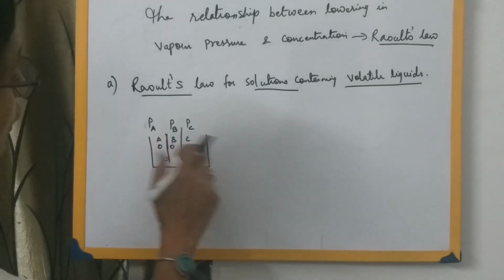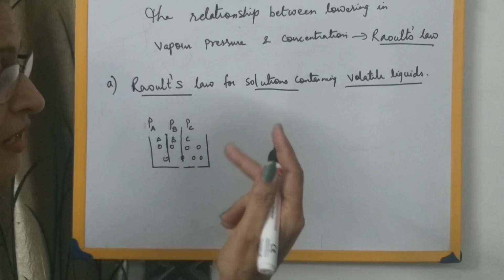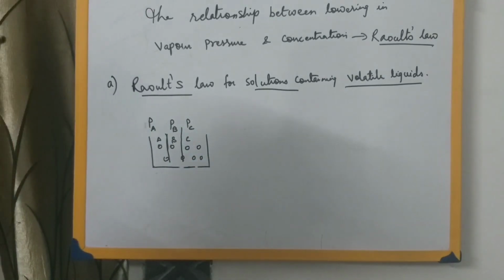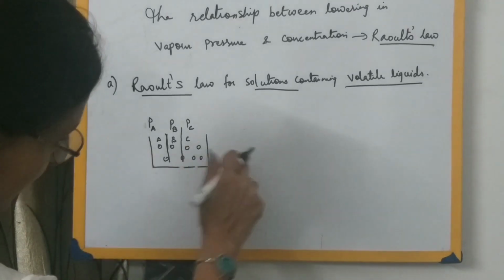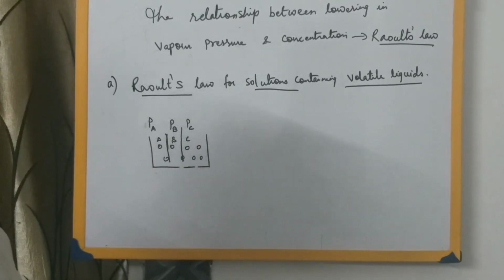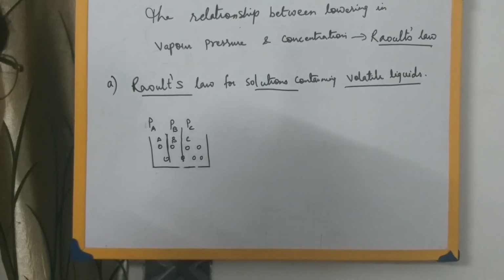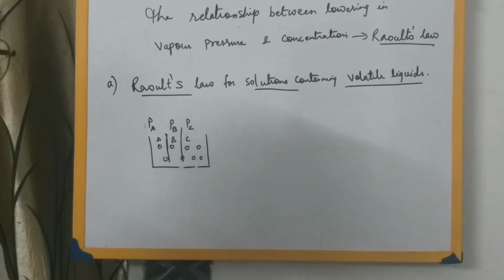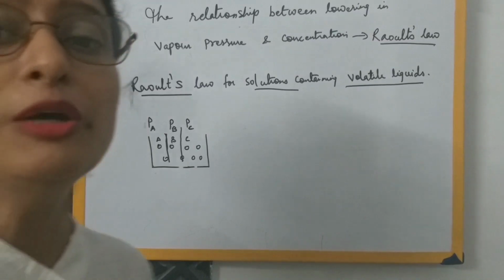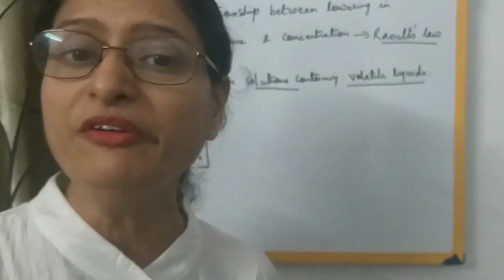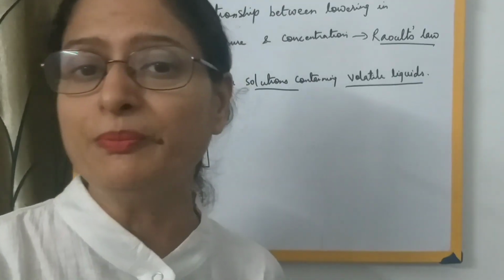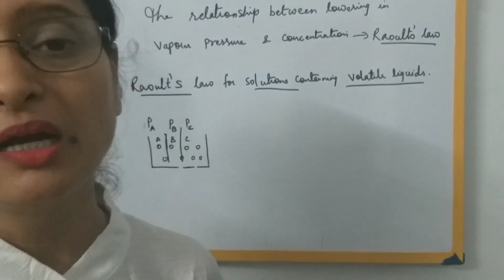That is why we are not calling it a total pressure, we are calling it a partial pressure. Because if three different liquids are there with three different concentrations, obviously the mole fractions will be different, and we'll find that their partial pressures will also be different.